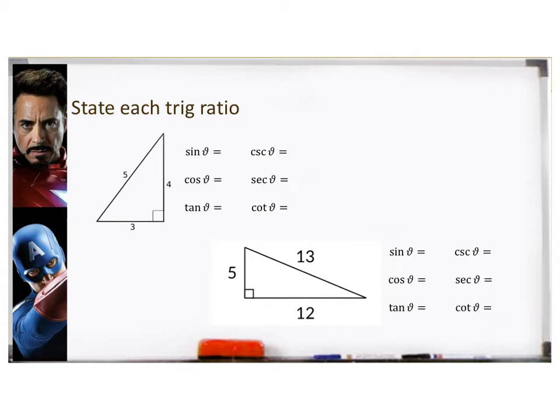Okay, now, remember our SOHCAHTOA. Sine is opposite. Oh, I haven't shown you what theta is. We're going to call this theta. So the sine of theta is opposite 4 over the adjacent, which is 3. Nope, sorry. Over hypotenuse, which is 5.